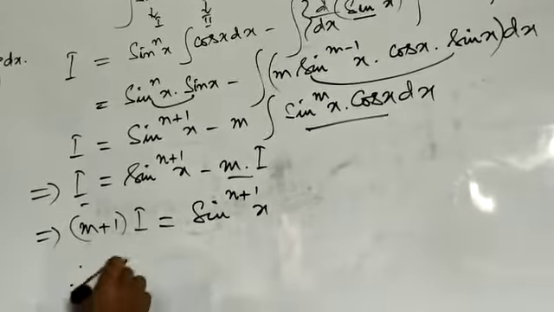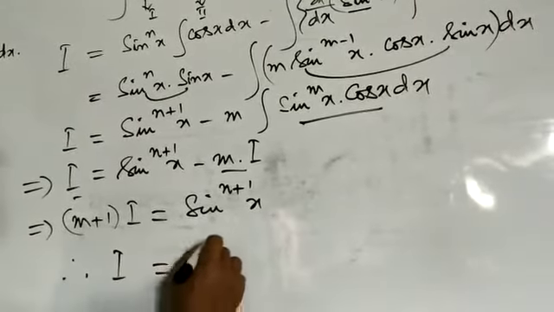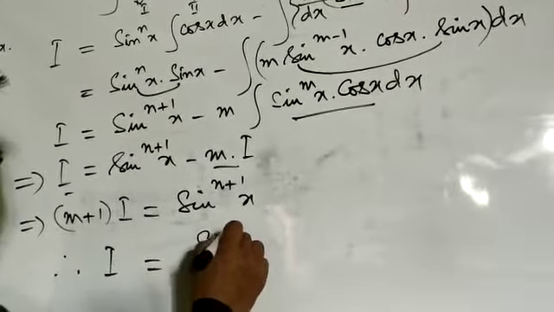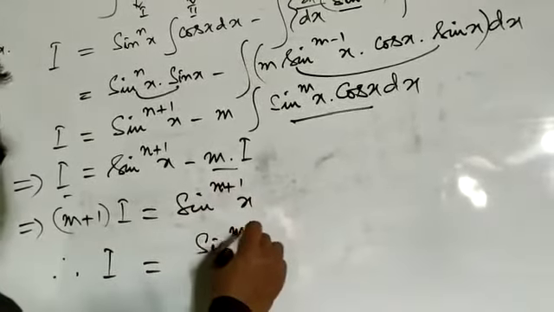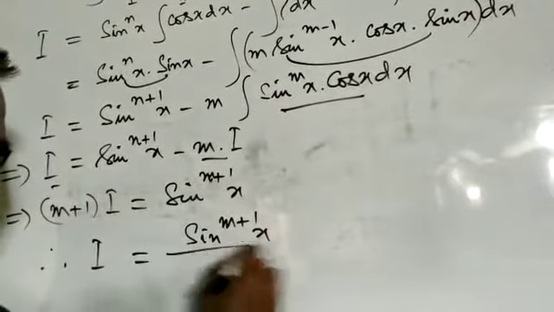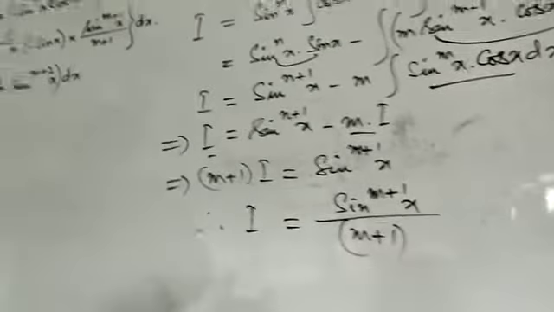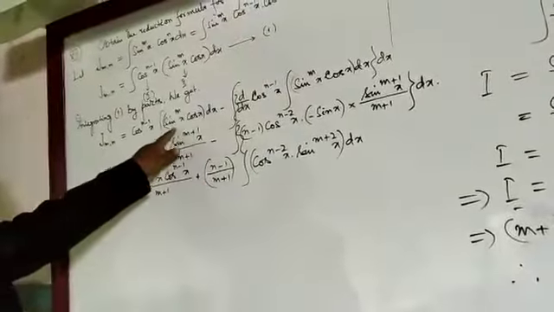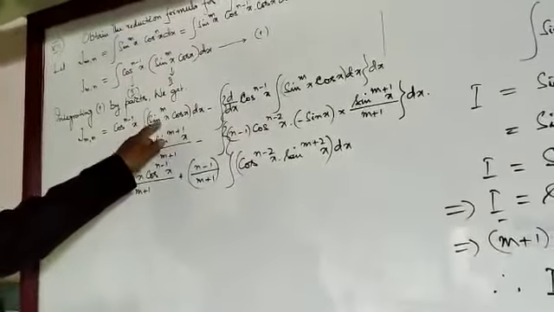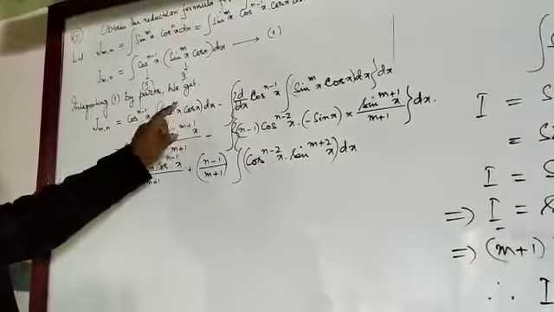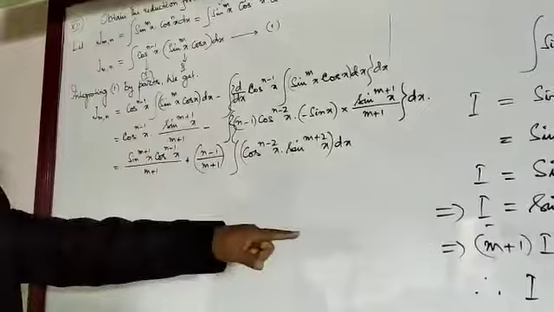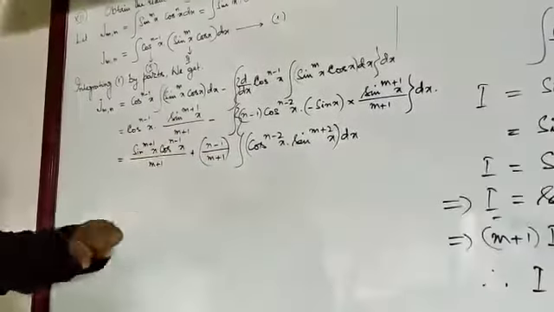Therefore, if you want to find I, then this becomes sine to the power m plus 1 x divided by n plus 1. From this, we have known that the integration of sine power mx cos x is nothing but sine to the power m plus 1 x divided by m plus 1.